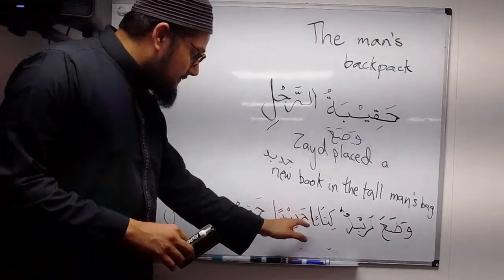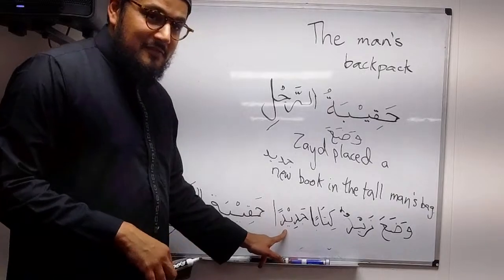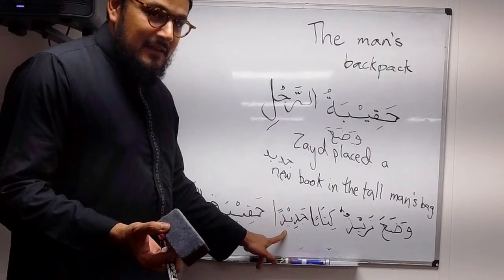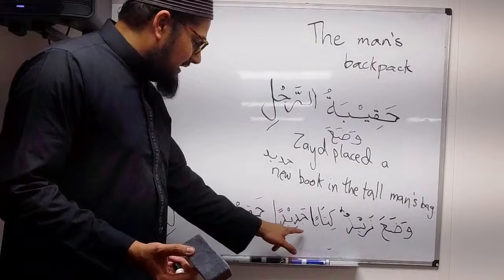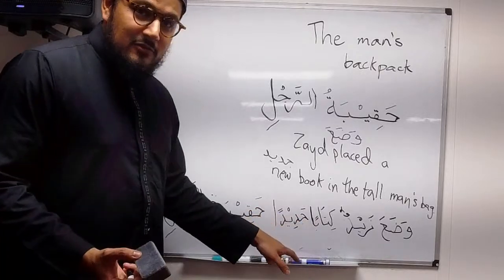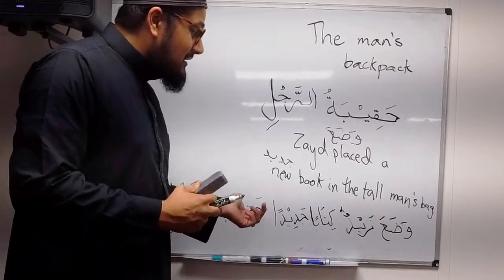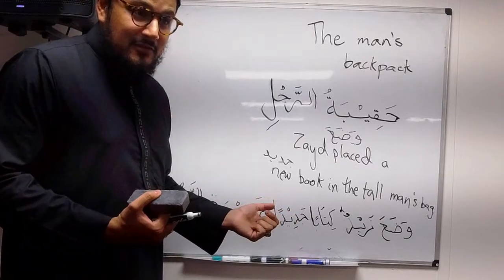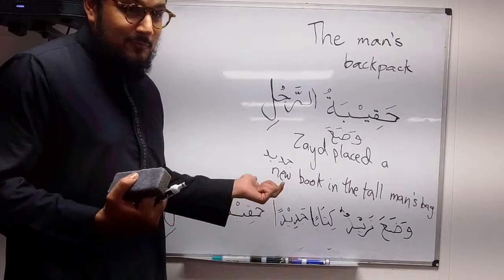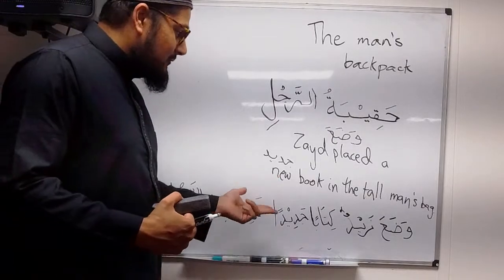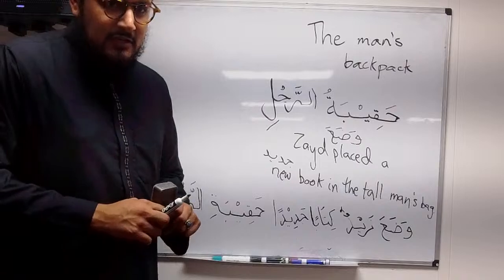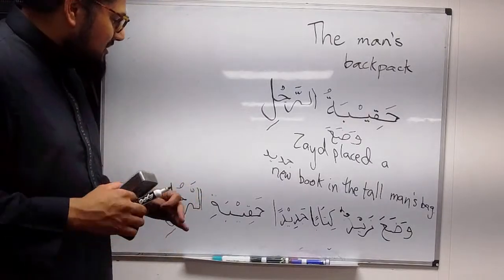Because the mawsoof is always copied by the sifa in 4 respects. Gender. Do the two genders match? Yes. Do the two happen to both be singular? Yes. Do the two happen to be indefinite? Yes. And do the two happen to have the same state? Yes. Which is why they're both in the nasb state. So وضع زيد كتابا جديدا.